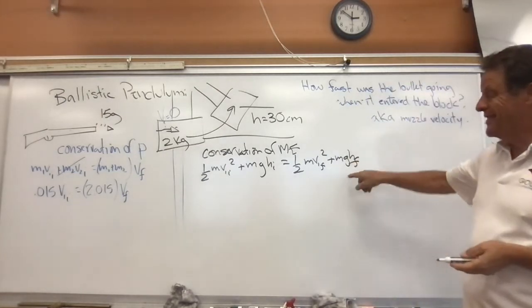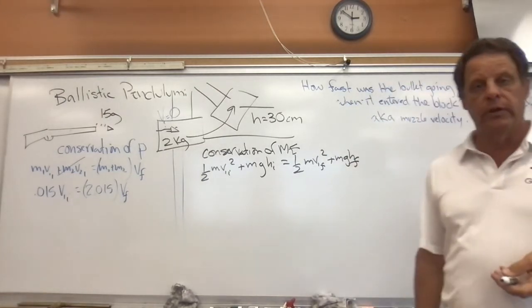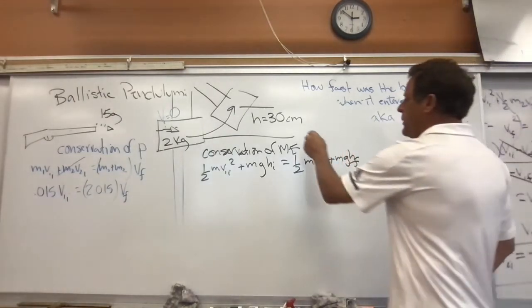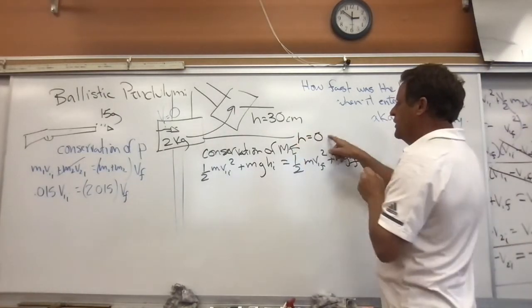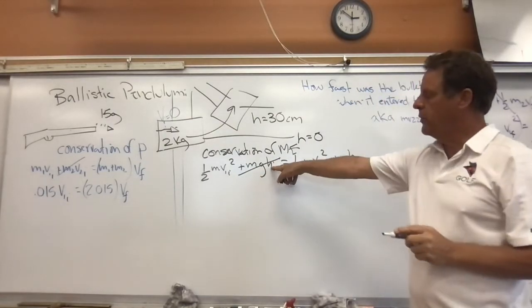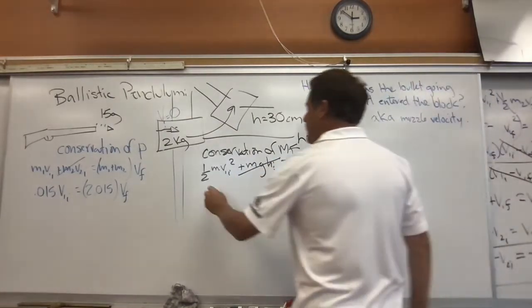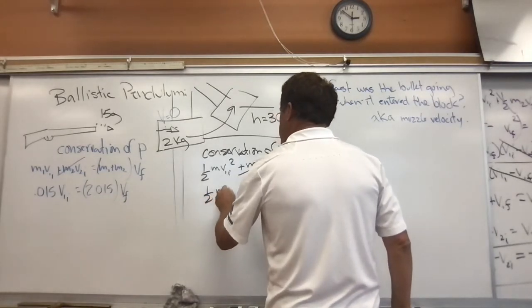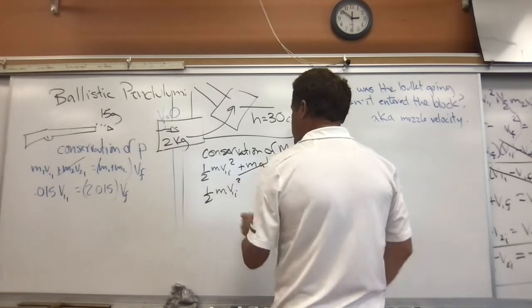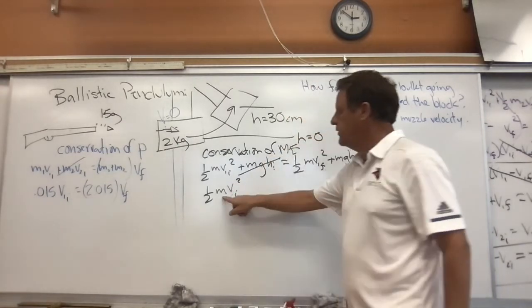Now, again, this also is going to reduce down to being something much more simple. If we say h is equal to 0 right here at this level, then that would be 0 and that would go away. So we're going to have 1/2 m v1 initial squared. Well, it's the same mass, right?